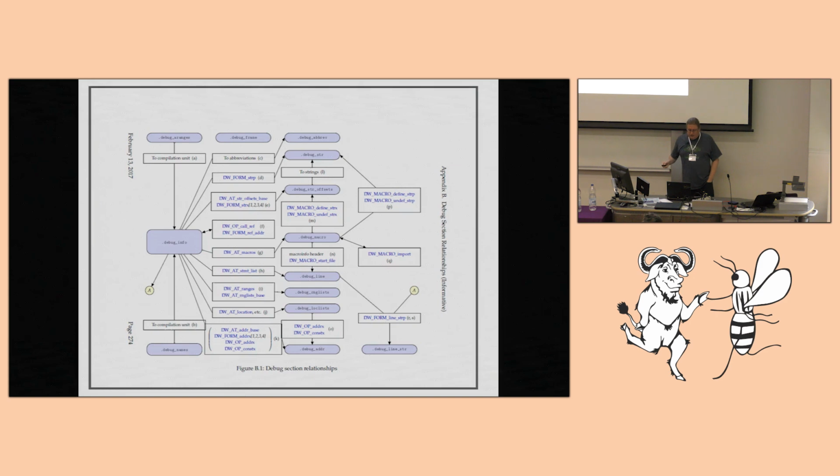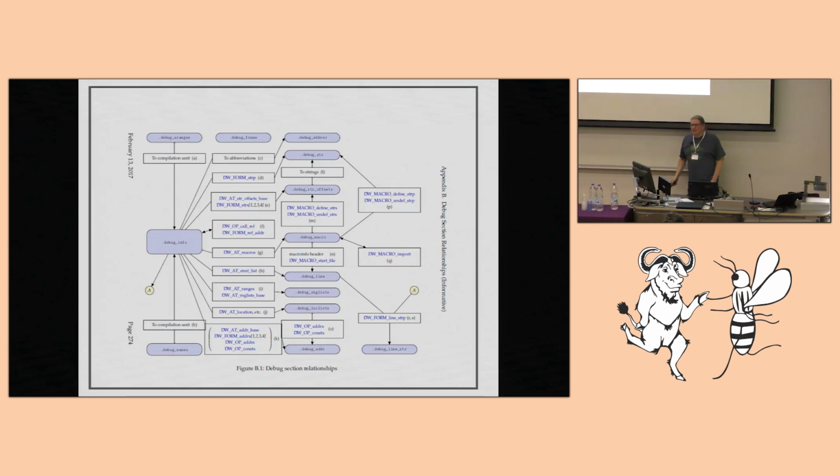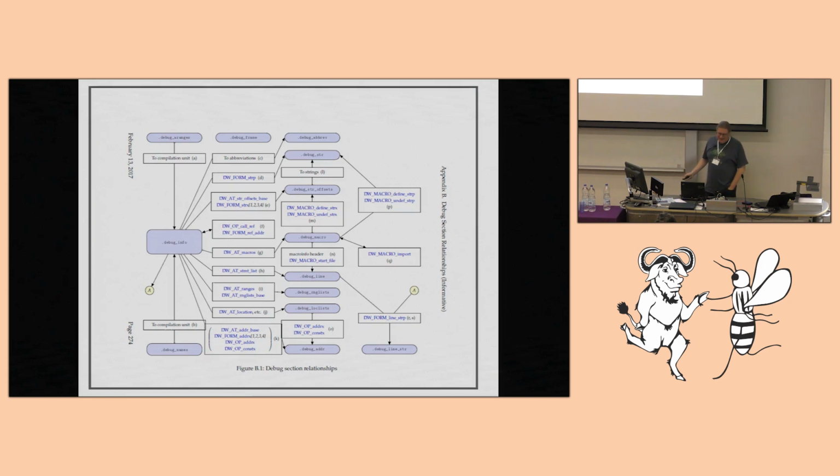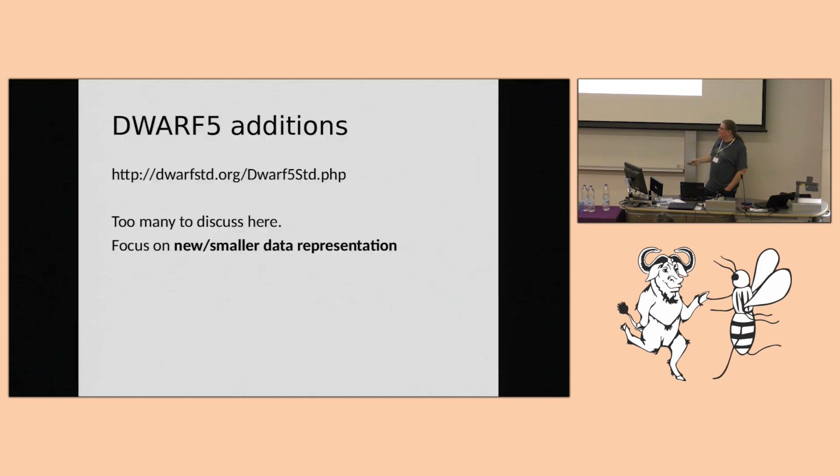One of the interesting things about the DWARF standard is that they have a lot of design goals. I think a bit too many because they bite each other. But the interesting thing is the vendor extensibility.